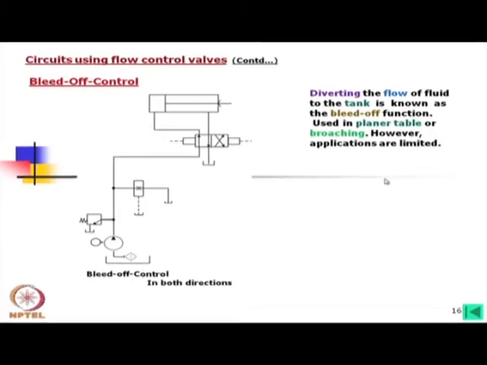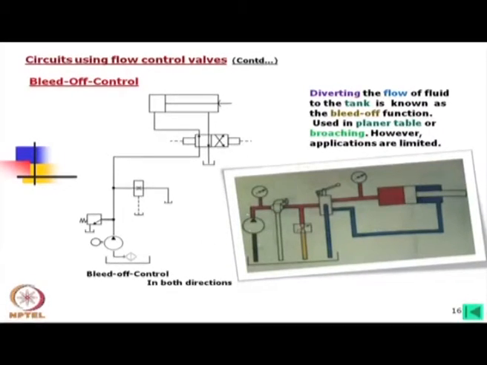You would have seen in the case of planing machines or broaching machines what moves. In the case of a broaching machine, of course, the broach moves. In the case of a planer table, the table moves, not the job. And in brief, this is the bleed off circuit shown here.